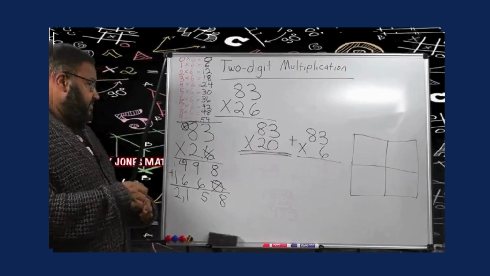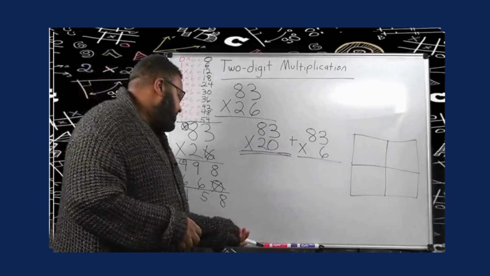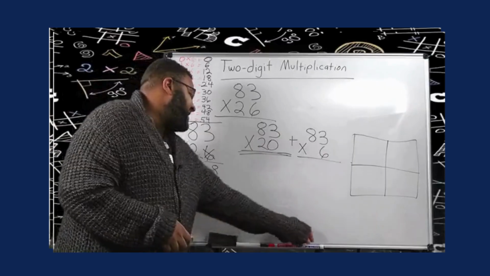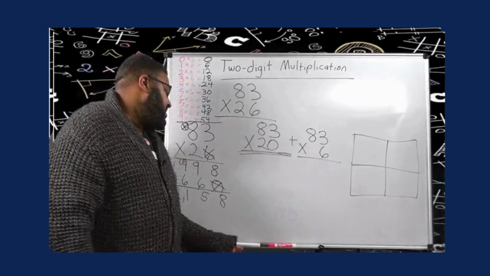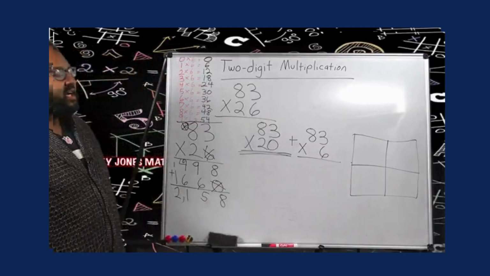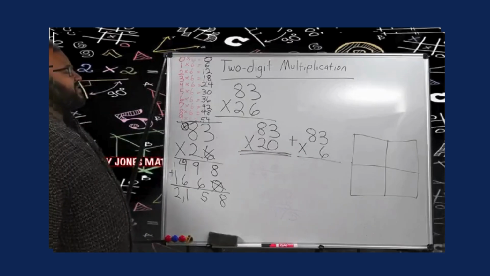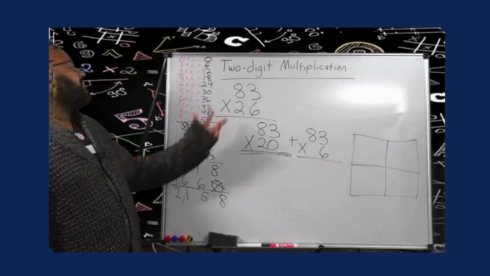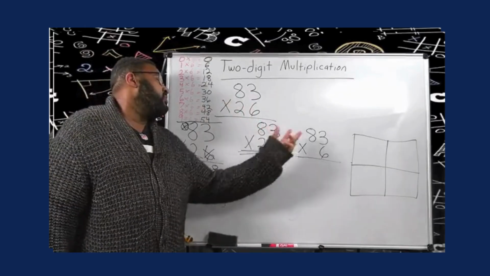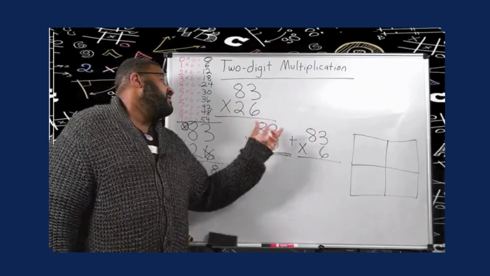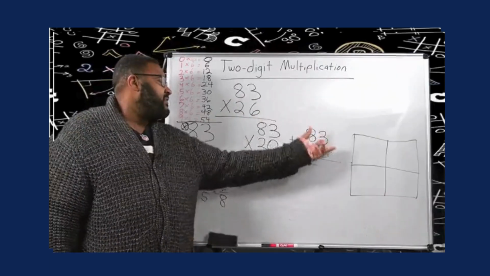2,158. All right, now I'm going to continue, and this time I'm going to do the modified Daddy's way. Still working with 83 times 26. The top number is still going to remain 83.